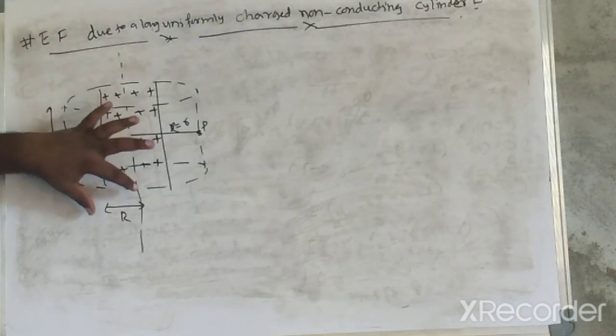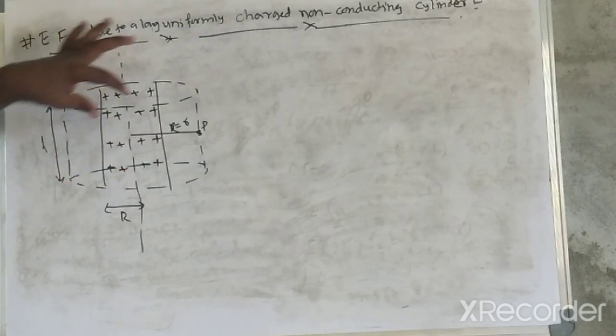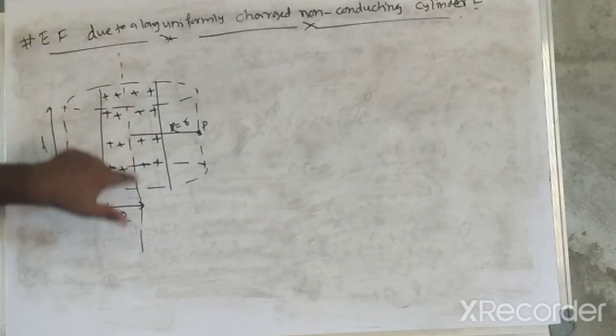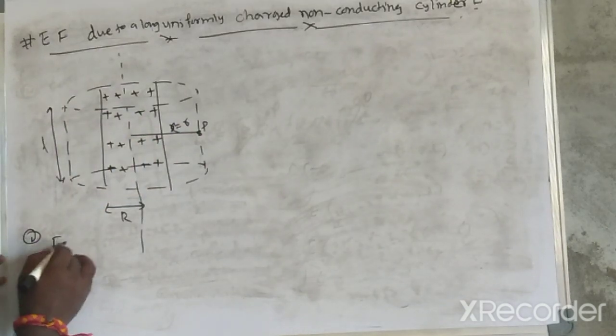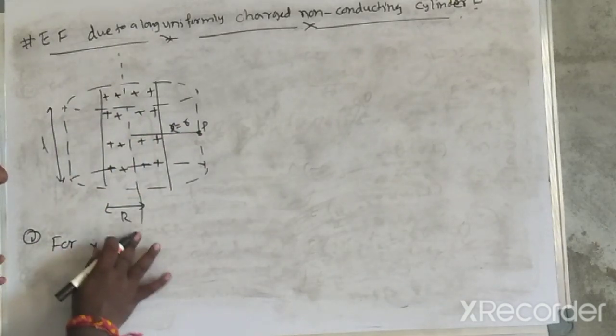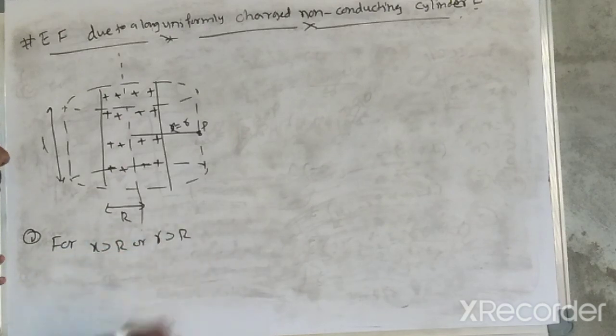Here the cylinder radius is capital R and the cylinder length is L. Now you may find the electric field for X bigger than capital R, nothing but outside, at the Gaussian surface.